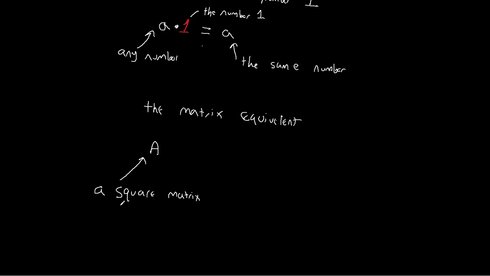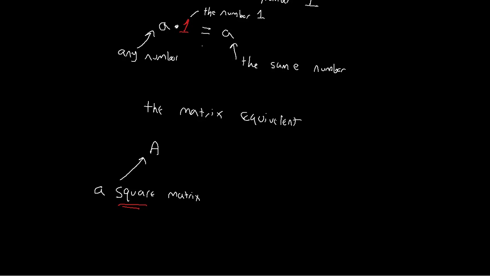I'm going to underline square here because the square part is very, very important. We cannot do this if A is not square. This whole concept falls apart if A is not square.